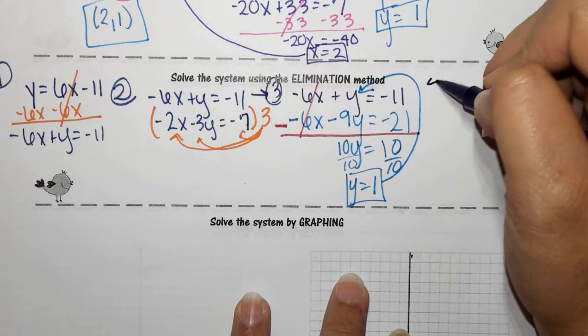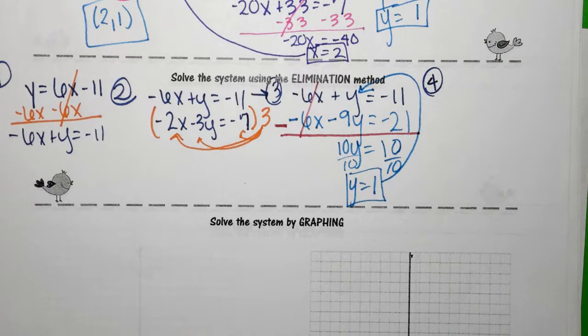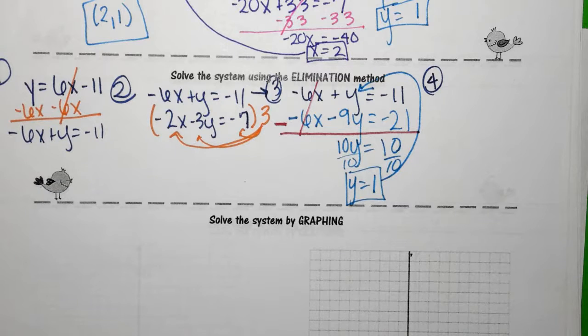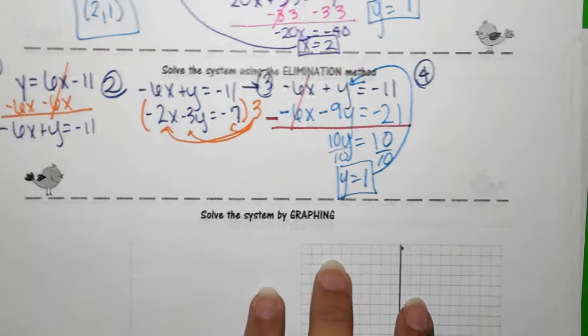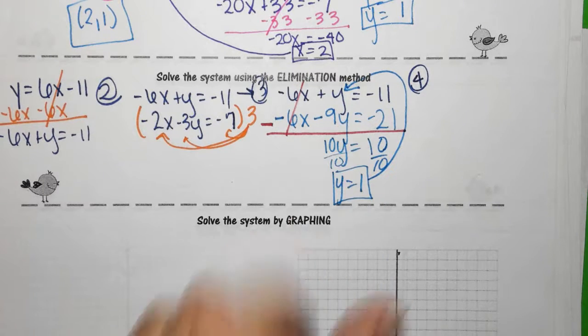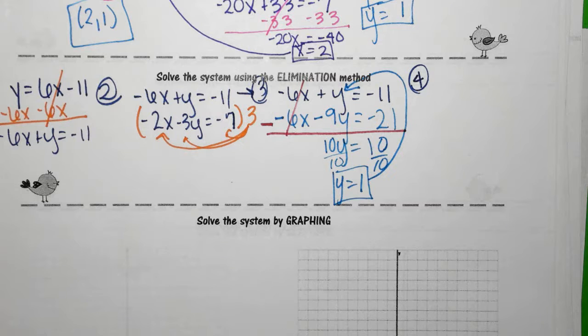Alright, so D'Angelo, since you want to plug it into the top one, can you help me rewrite it so that we know what we're plugging in and where? Are we plugging in 1 for Y or for X, y'all? For Y. Why are we plugging in for Y? Because it says Y equals.